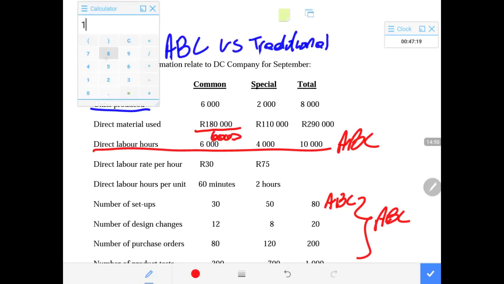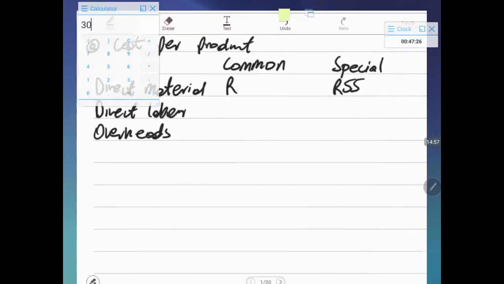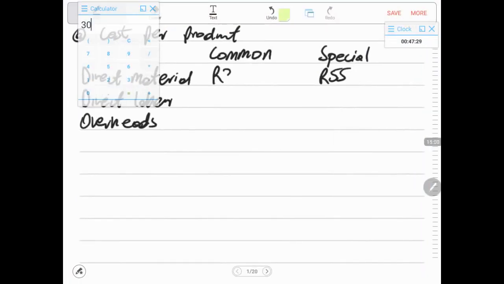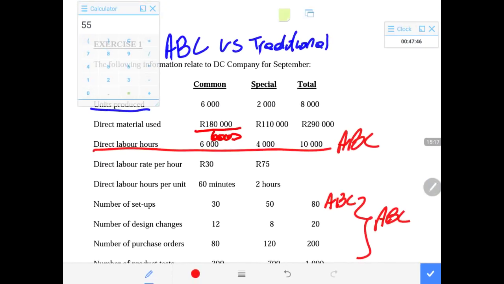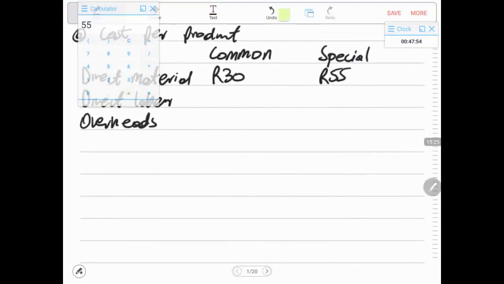So the cost of material per unit was 30 rand for product common. Product special's total was 110,000 rands. We divide this by the number of units manufactured, a total of 2,000. So 110,000 divided by the units gives us 55 rand per unit.